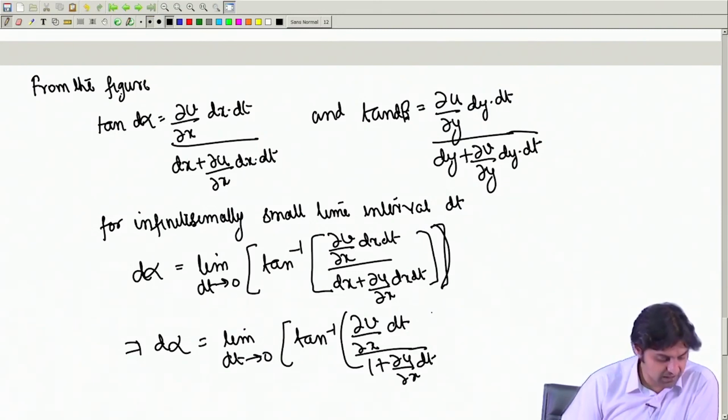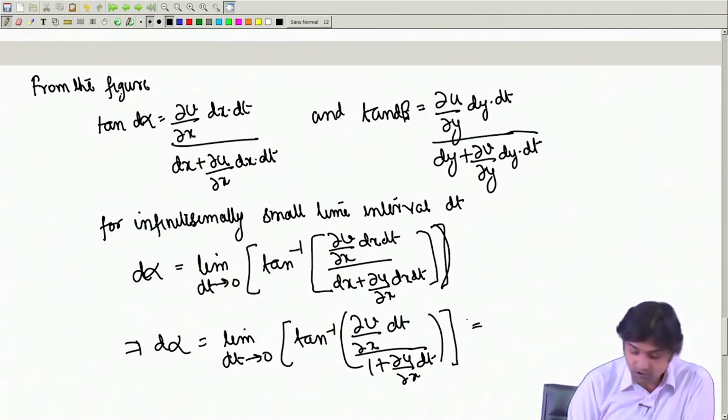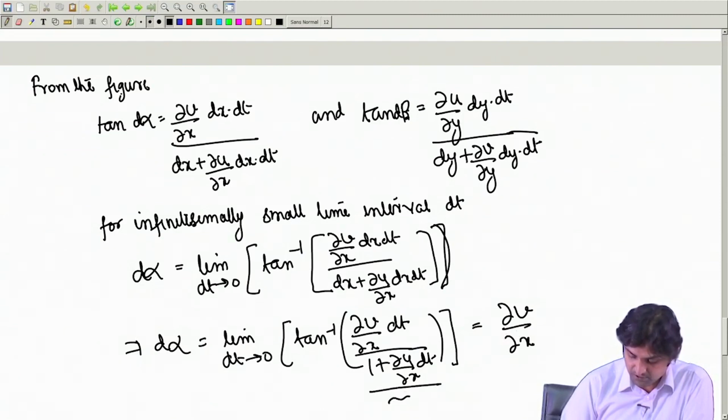All right, we just cancelled dx from up and down. Okay. And in this case, what is going to happen is, because dt is small, the denominator 1 plus this term is going to be approximately equal to 1, and it will be del v by del x into dt.